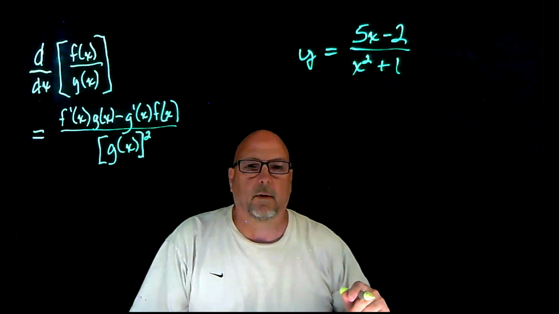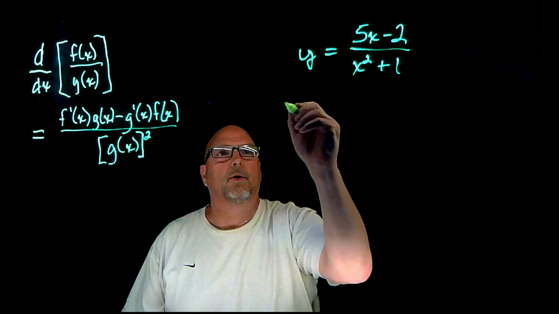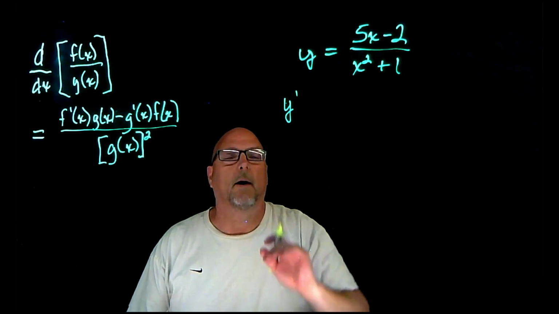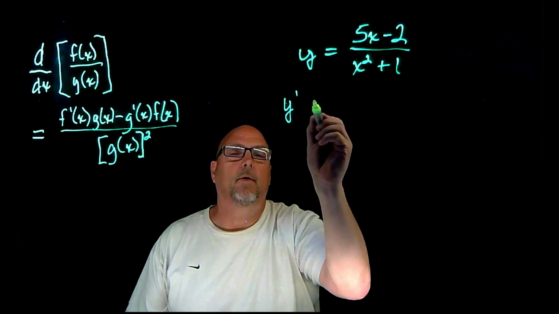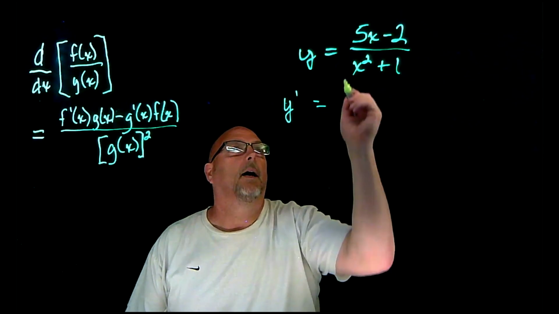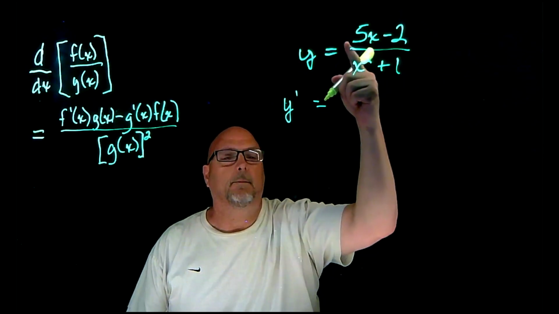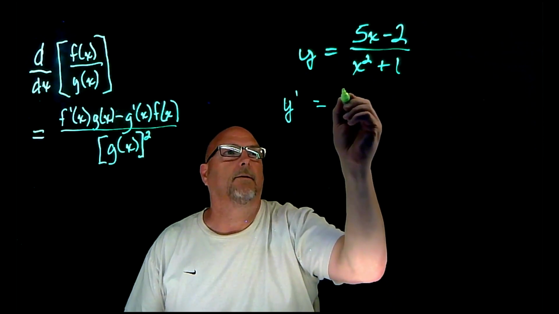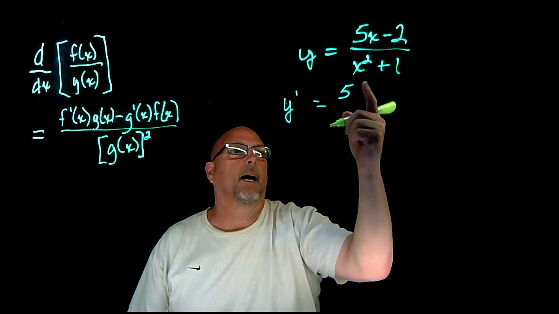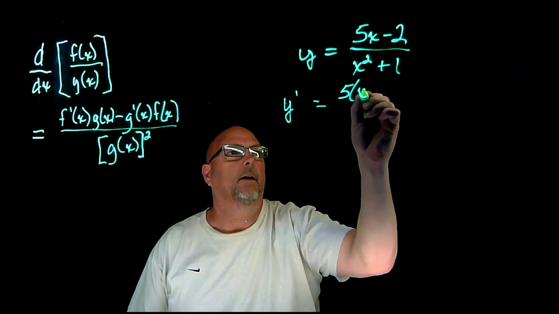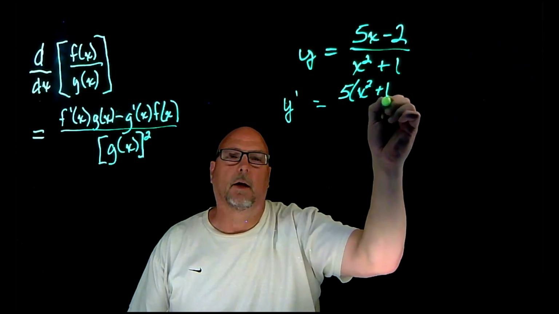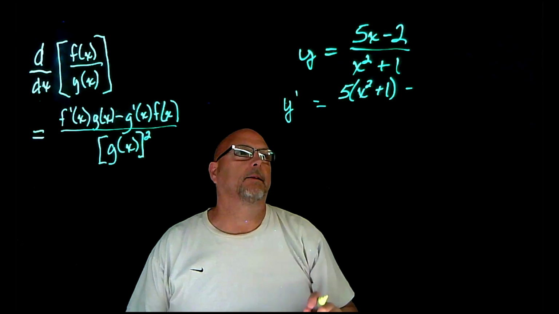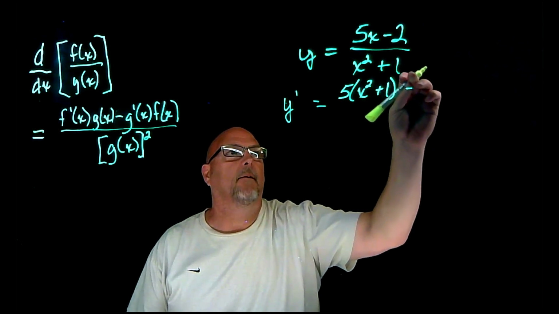So we'll look at this one. The first thing we would do is y prime, because we have a y here. This is going to be equal to the derivative of the top. The derivative of 5x minus 2 is just 5 times the bottom. Well, the bottom is x squared plus 1, minus the derivative of the bottom.